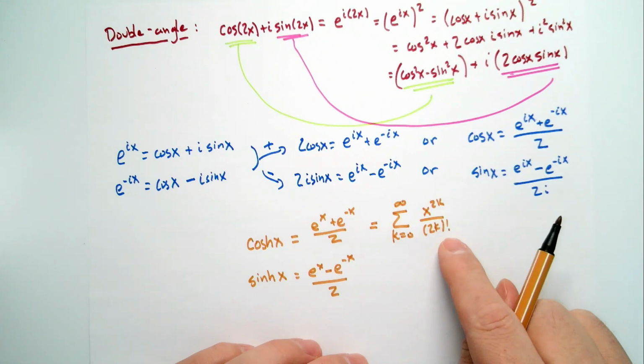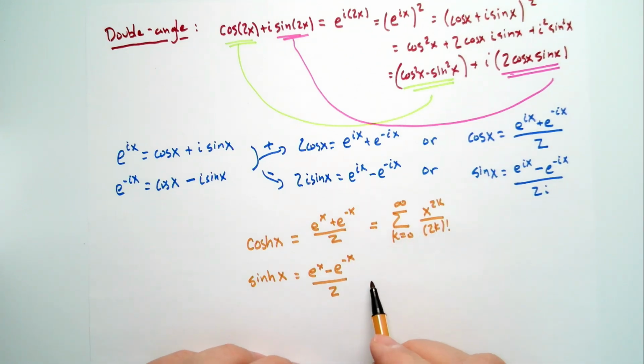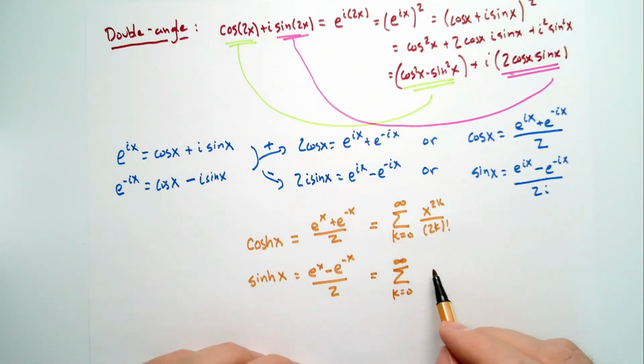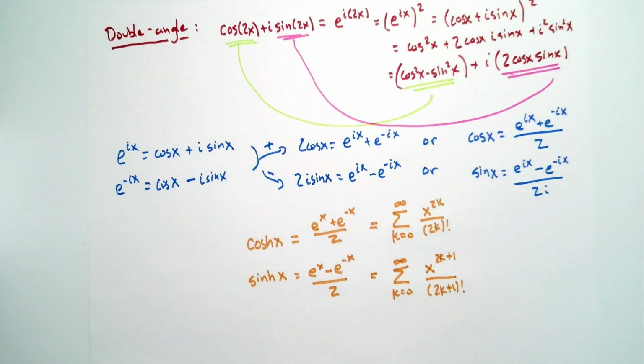It looks a lot like the Taylor series for cosine, except for one thing: it's missing that (minus 1) to the k. And the series for sinh, hyperbolic sine, is a similar idea: the sum from 0 to infinity of x to the power 2k plus 1 divided by (2k plus 1) factorial. Again, it's almost the same as the series for sine. It's just missing that (minus 1) to the k.